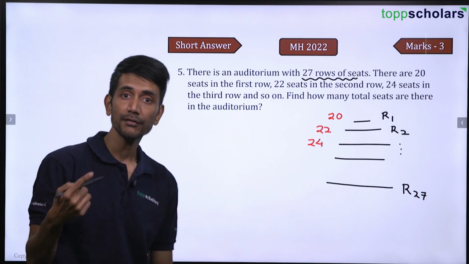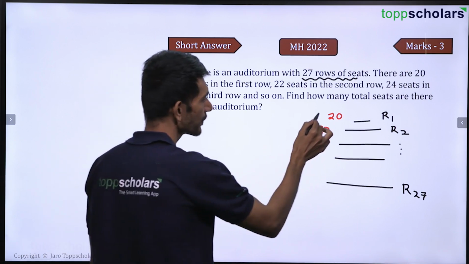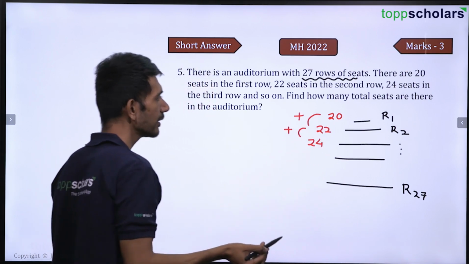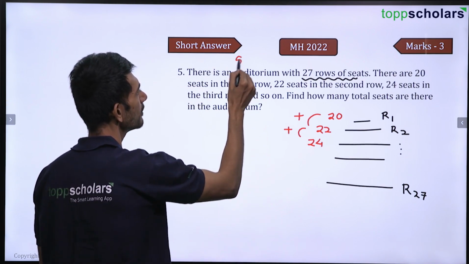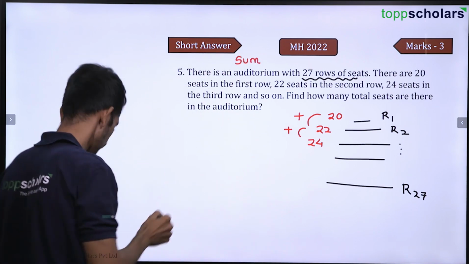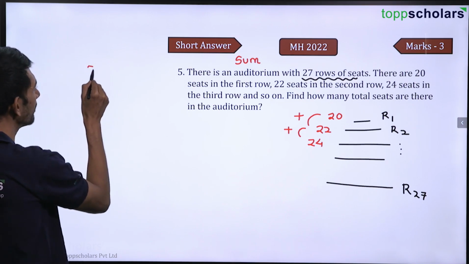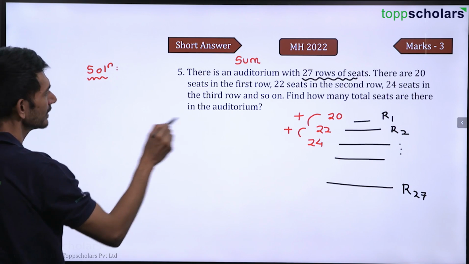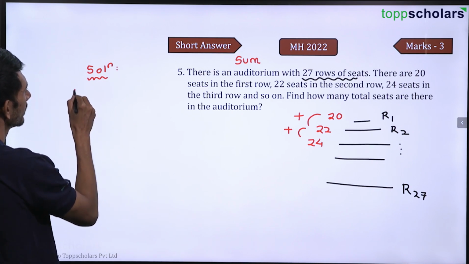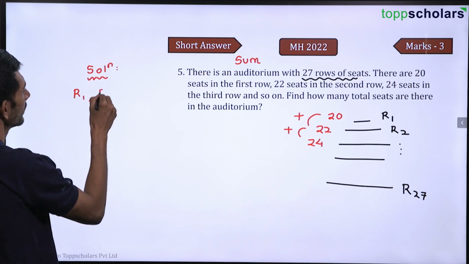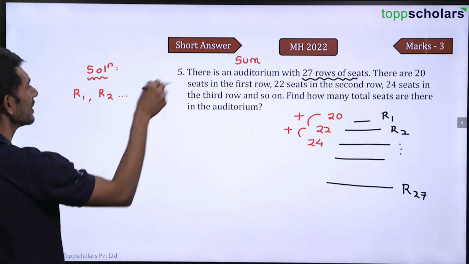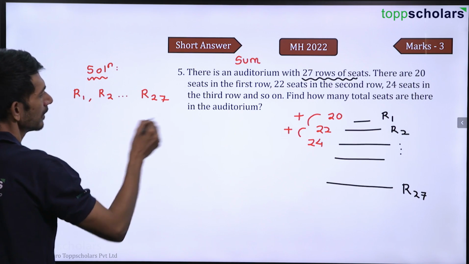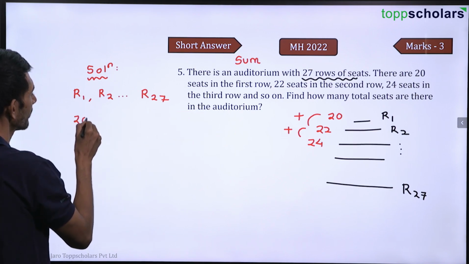See, total number of seats. That means, can I say, all we need to do is keep on adding all of them. Right? That is, we are supposed to find out the sum. Okay. But let us create an AP over here. As per the question, if I consider row 1, then row 2, all the way till row 27. In row 1 there are 20 seats.